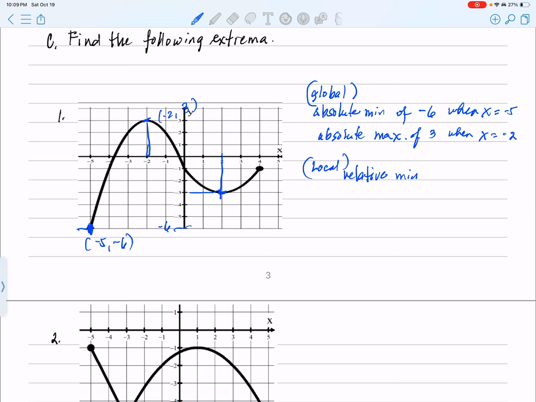That's one minimum. When x is 2 and the y is -3. Maximum.